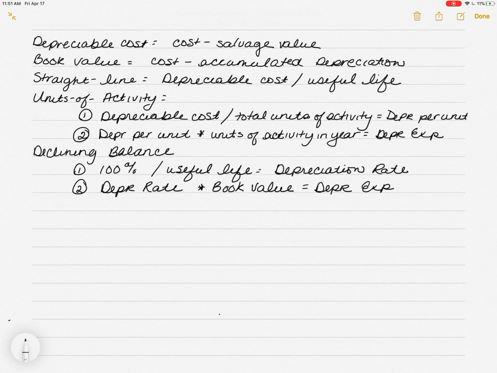One more equation that we need to know, because remember, all of these are just estimates. So sometimes we realize those estimates aren't accurate or we need to change them. So we might want to revise our depreciation.